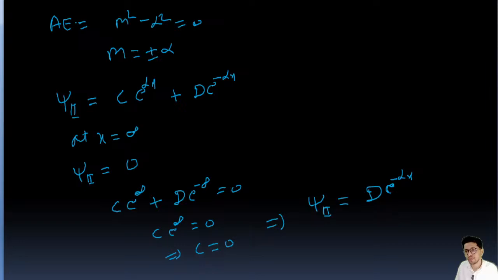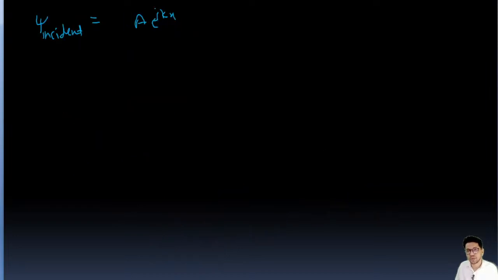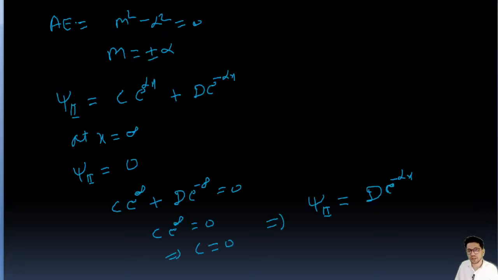Okay, this is a real wave function, guys. This means oscillatory motion. So this is e to the power i kx, which means the direction of the incident wave is the positive x direction.